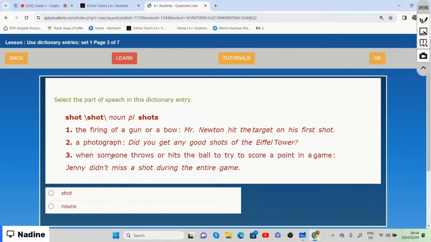All right. What is the part of speech in this dictionary entry? The part of speech of shot. Is it shot or is it nouns? The part of speech. Is it shot or nouns? We need to select the part of speech within this dictionary entry.